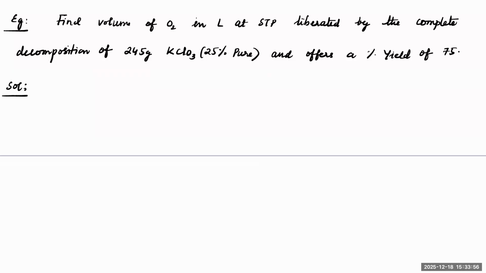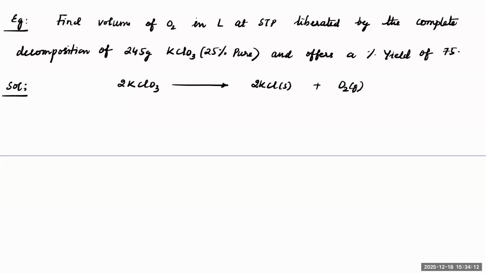So what we know stoichiometrically is that 2 moles of KClO3 must offer 2 moles of KCl plus 3 moles of O2. Right.